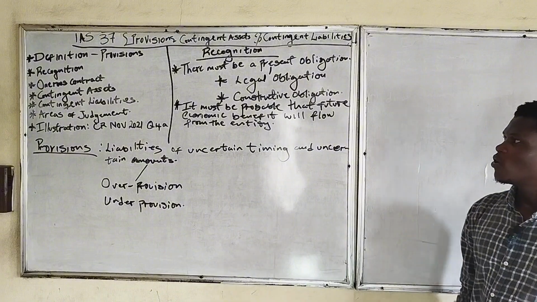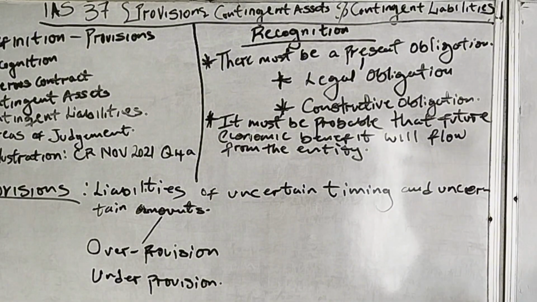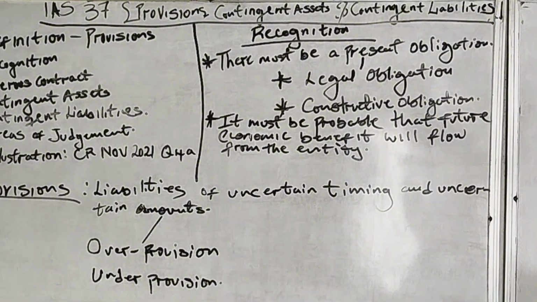So secondly, it must be probable, there must be a probability that we will spend a certain amount. So it must be probable that future economic benefits will flow out of the entity.